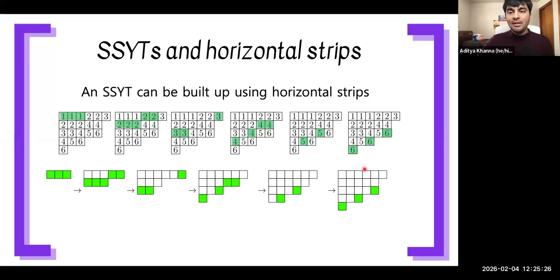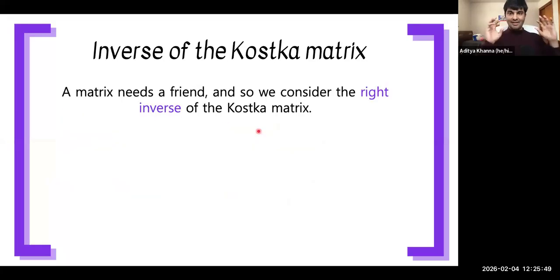These numbers are telling me how to do it. So this idea of a tableau being how to add something will be important. So semi-standard Young tableaux are built using horizontal strips. So that's the recursive combinatorial description of semi-standard Young tableaux.